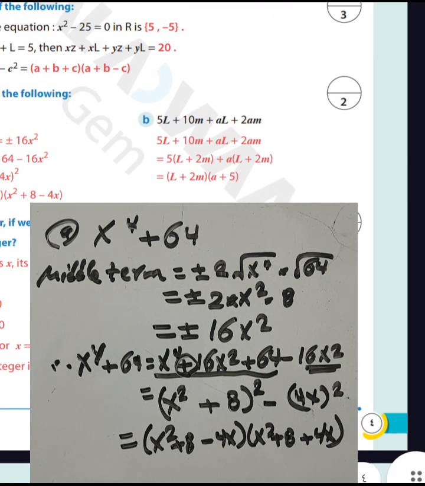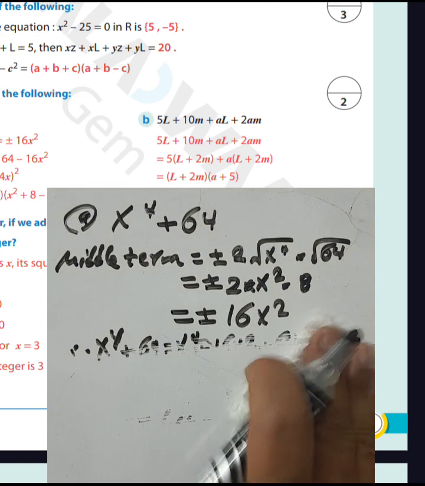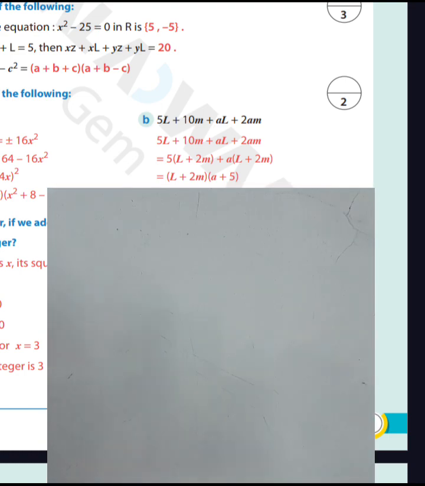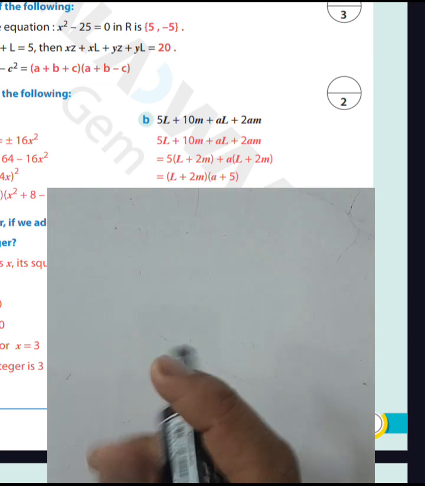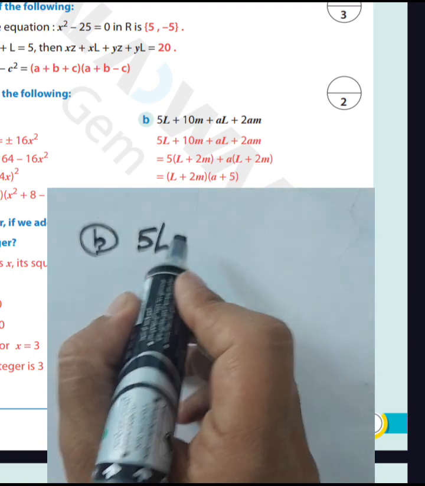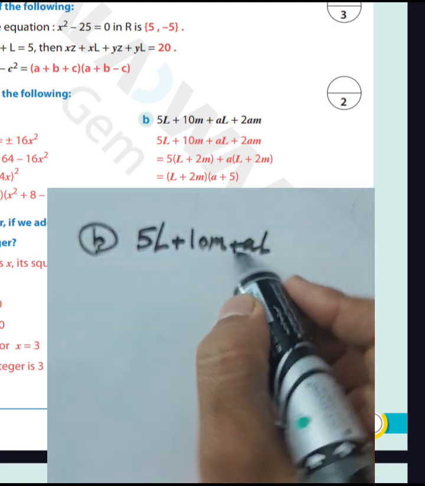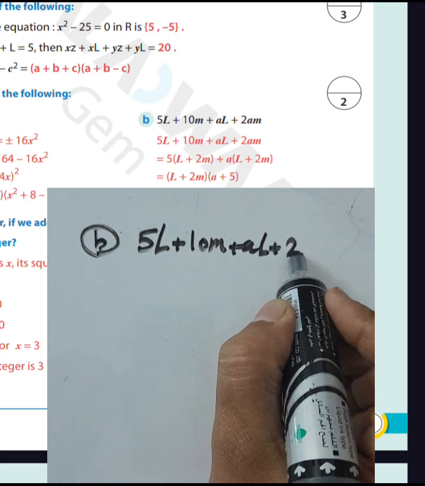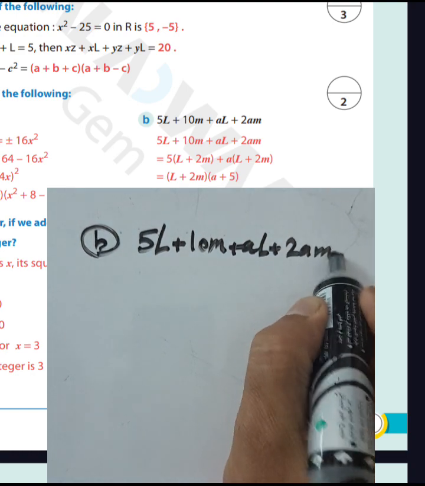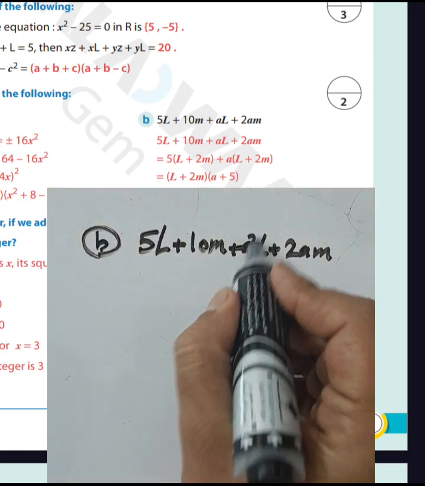Okay, next question. We have 4 terms. We can distribute this expression and factorize it. Letter B, 5l plus 10m plus al plus 2am. Okay, we have 5l and we have here al.